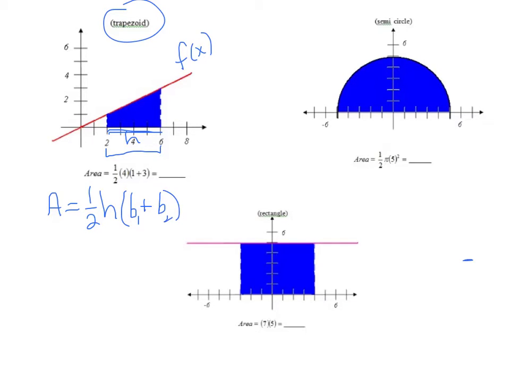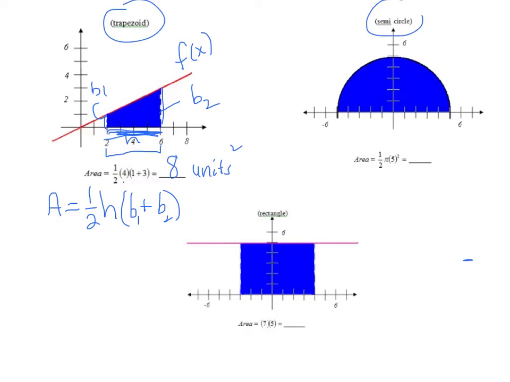So this is base 1. This right here is base 2. So we did 1/2 times 4, that's the height here, times 1 plus 3. Add that together, 4 times 4 is 16, so this is 8. And this would be units squared, don't forget your units.